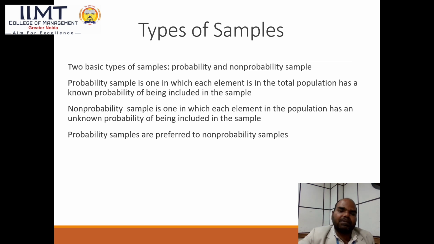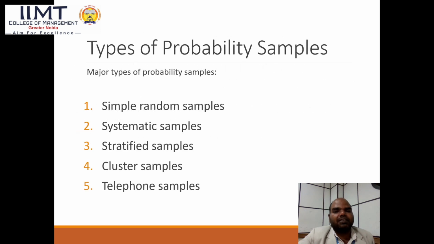Probability sampling is very basic, and it actually collects accurate data from the population. Here we discuss the types of probability sampling.